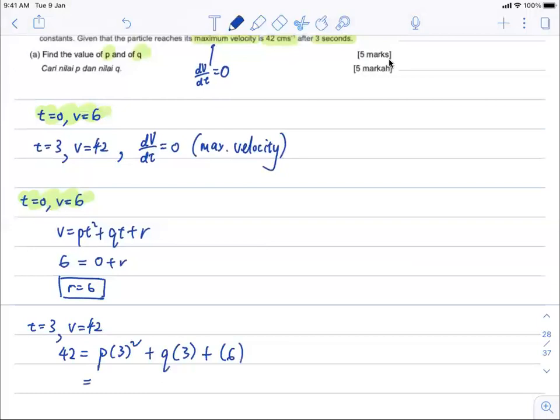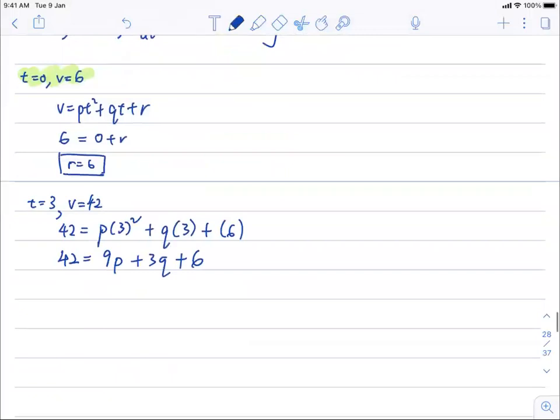So simplify it, you get 42 equal to 9p plus 3q plus 6. And then move the 6 over, become 36 equal 9p plus 3q. Divide by 3, get 12 equal to 3p plus q. This is our first equation.